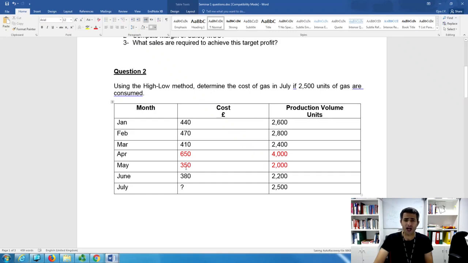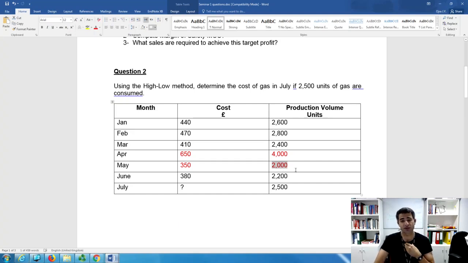How can I break this down into variable and fixed cost? The question tells you that the variable cost per unit is 15 pence per unit. We have 2,000 units, so each unit as a variable cost costs us 15 pence.